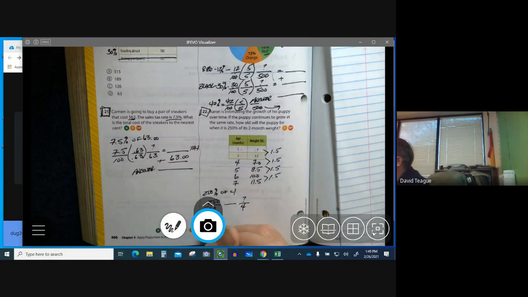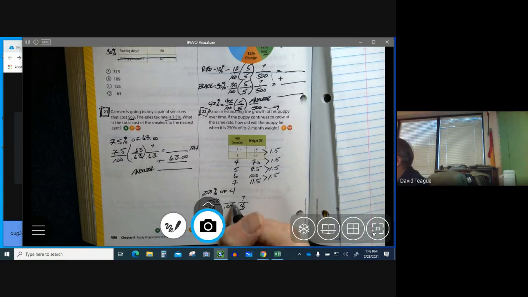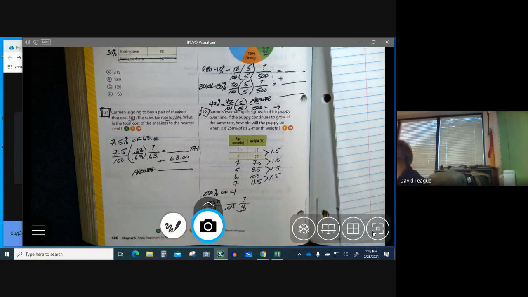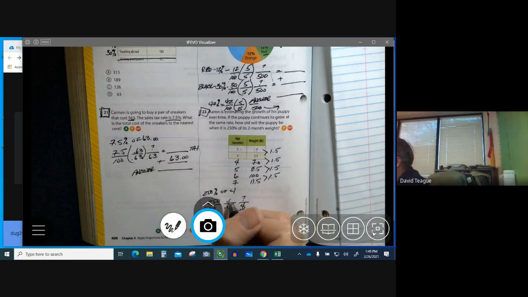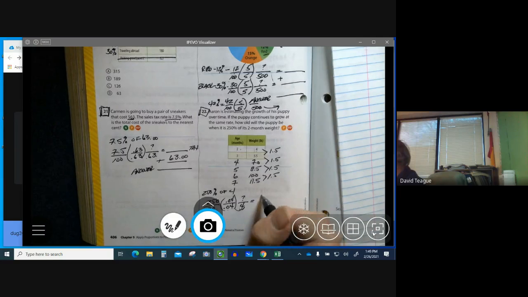To go from 100 to 4, I can move the decimal point 2 places: 100 times 0.04 gives me 4. So whatever I do to the denominator, I have to do to the numerator. 250 times 0.04 gives you this number, which is the number of pounds the puppy is.